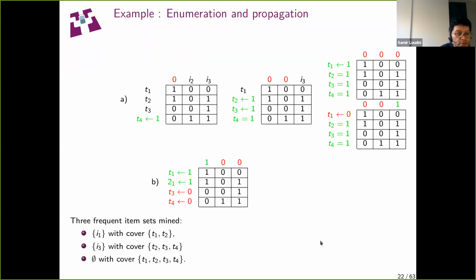From an enumeration and propagation point of view, if we start the enumeration by assigning the first item variable x1 to 0, we can deduce that transaction variables T4 and T3 take value 1.